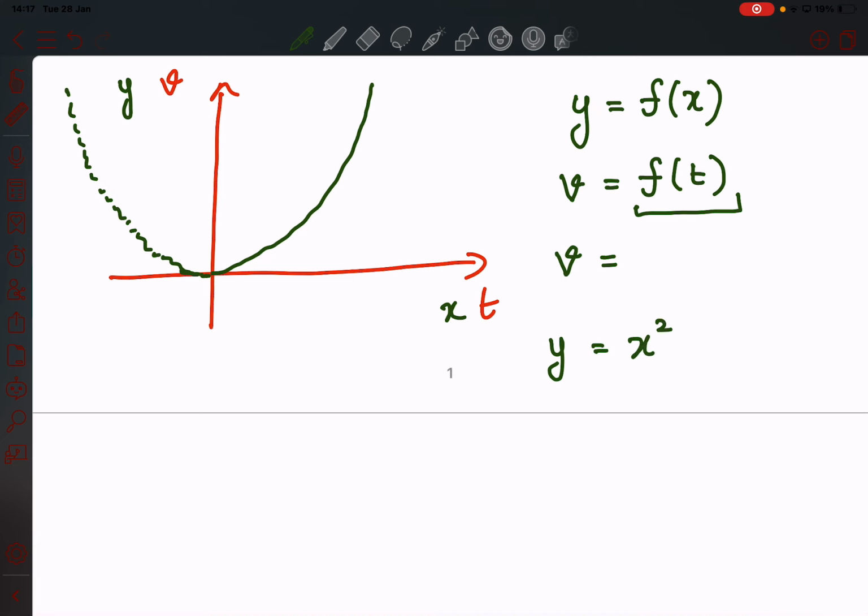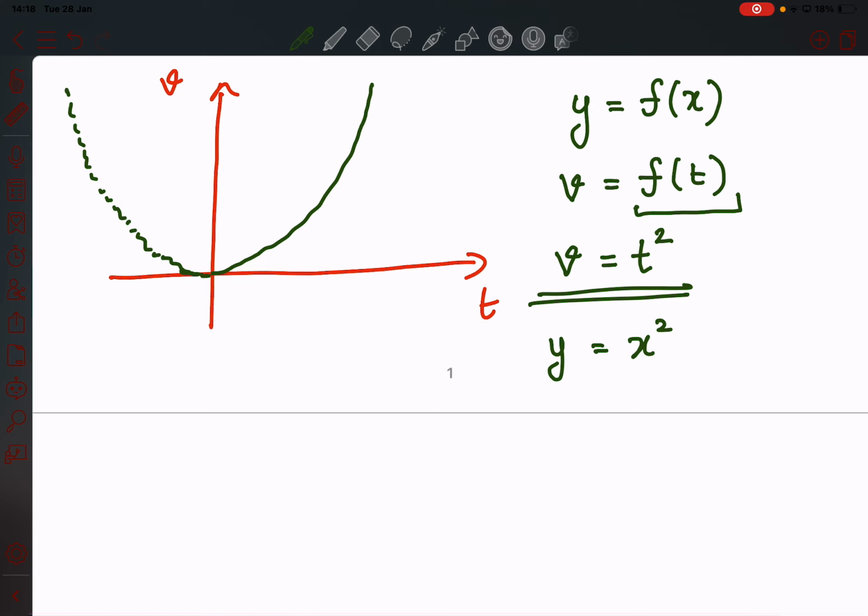We're using the same idea, skipping the negative part. In place of y and x, we are doing this on a velocity time graph. So you have v as your y and t as your x. So I can say v here is equal to t squared. Okay. Now what does this mean?